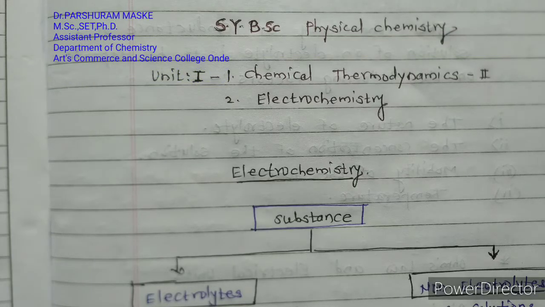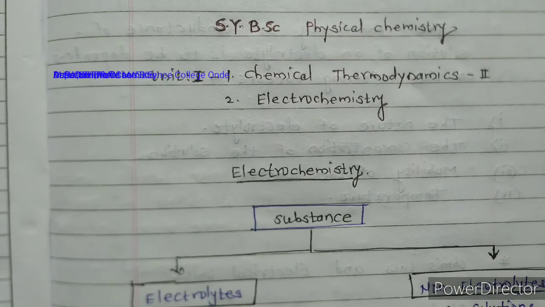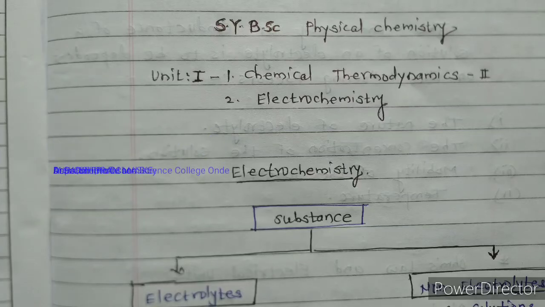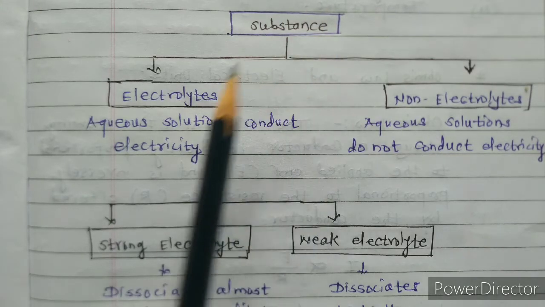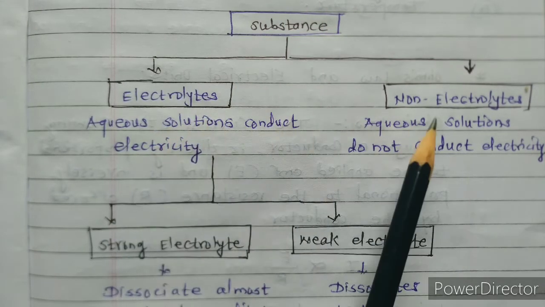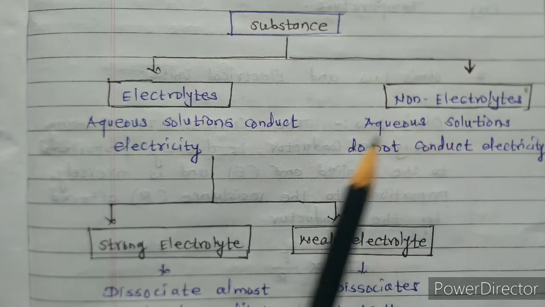In the first unit, we have two chapters, Chemical Thermodynamics and Electrochemistry. Out of that, we start with the topic electrochemistry. In electrochemistry, on the basis of conduction of electricity, substances can be classified as electrolytes and non-electrolytes.